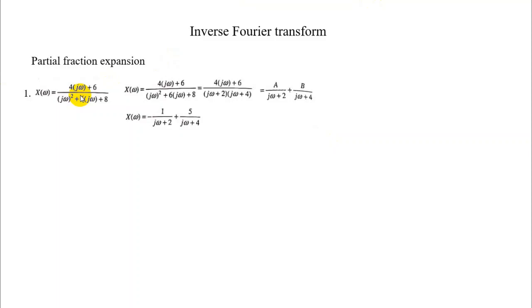First of all, you need to determine the partial fraction of a given function. If we need to determine the inverse Fourier transform of that function, the denominator would be transformed into multiplication format like that.